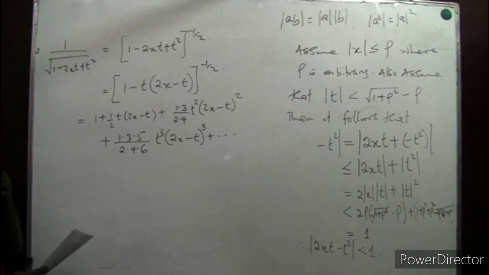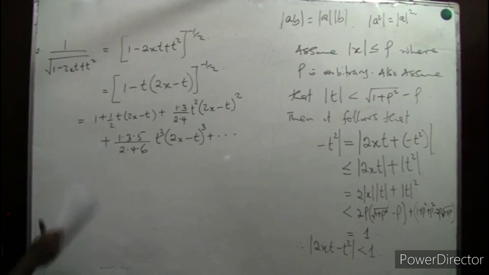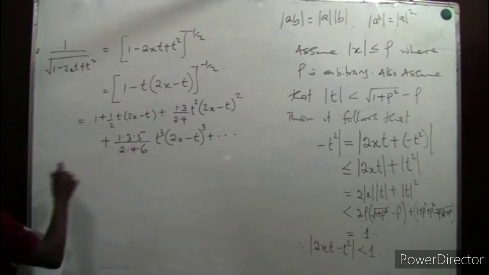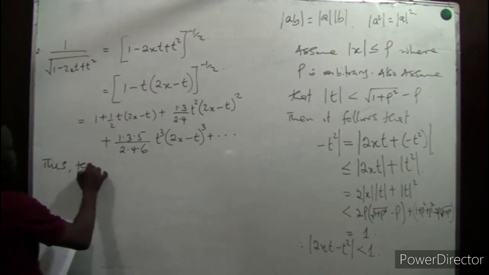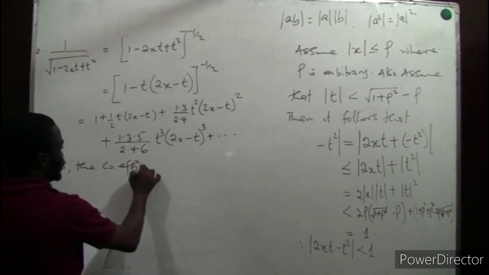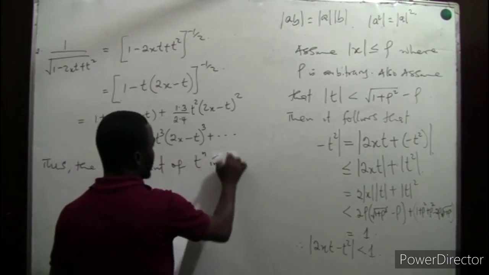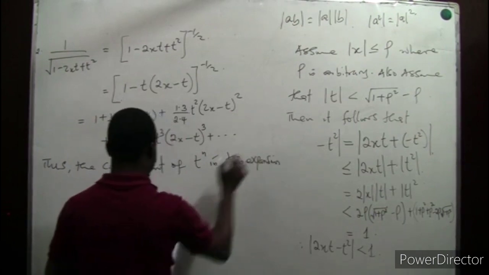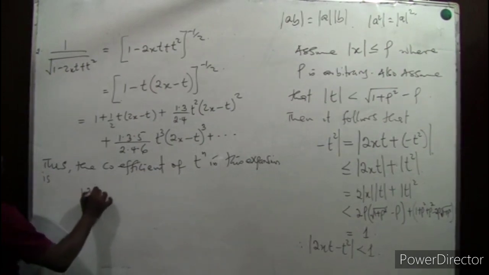Now what is the major interest? Our major interest is the coefficient of the nth power of t. Following this pattern we can come to the conclusion that the coefficient of t raised to power n in this expansion is 1 multiplied by 3 multiplied by 5.